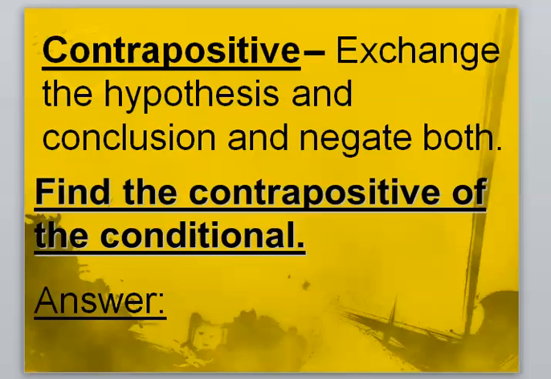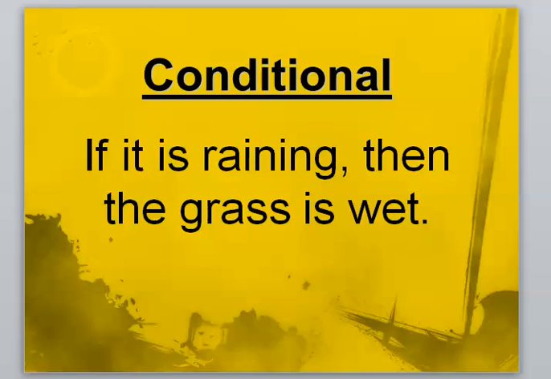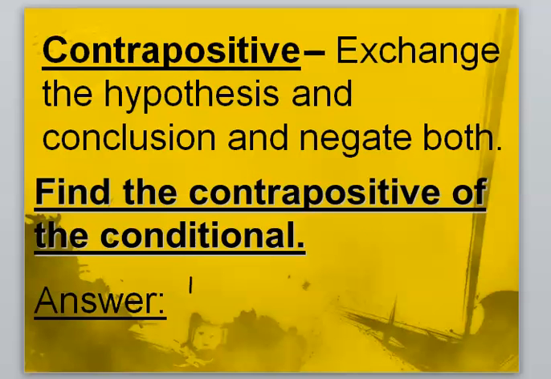So let's look at our conditional statement. If it is raining, then the grass is wet. To form the contrapositive, we're going to switch the hypothesis and the conclusion and negate both. So instead of the grass is wet being at the end, we're going to say if, and negate it, the grass is not wet.